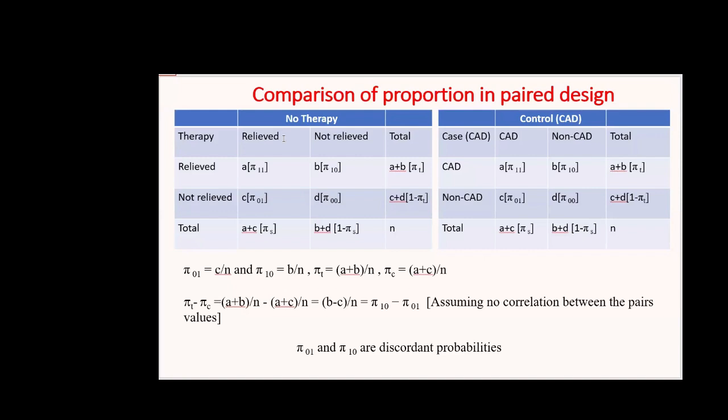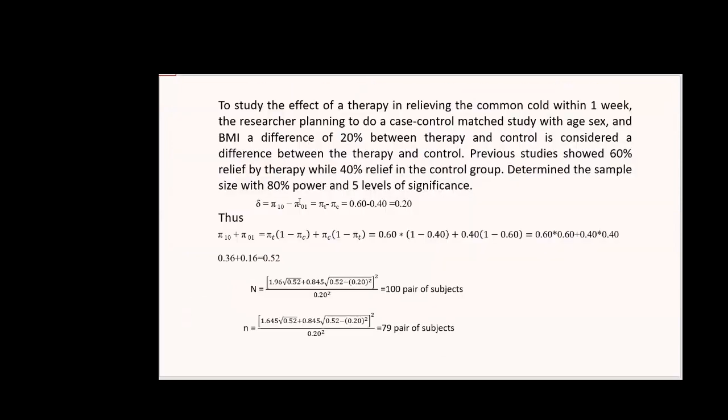We match with age, sex, BMI. So this is the example I am showing: the study of therapy in relieving a common cold within 1 week. The researcher is planning a case control match study with age, sex, and BMI. So he has matched three factors.